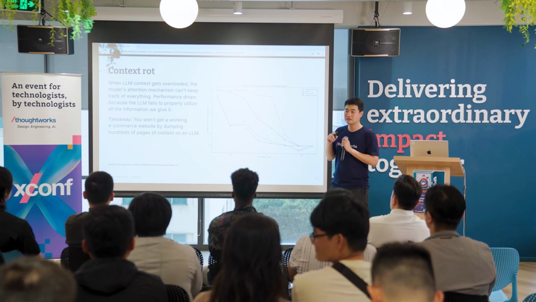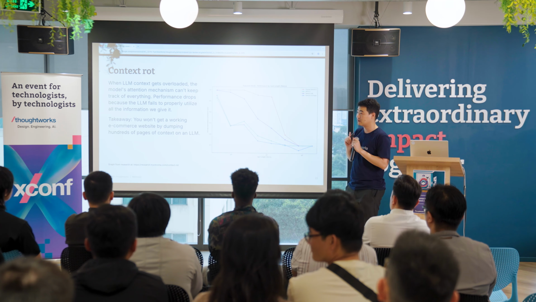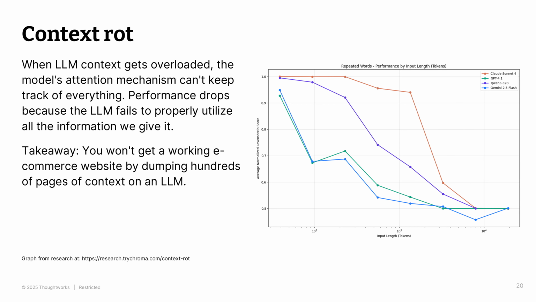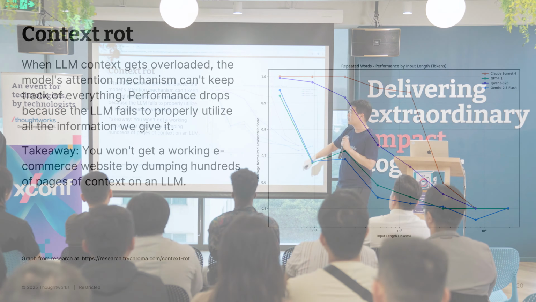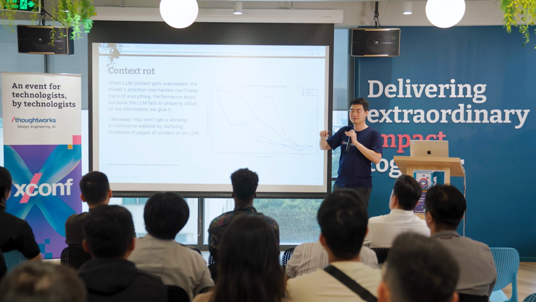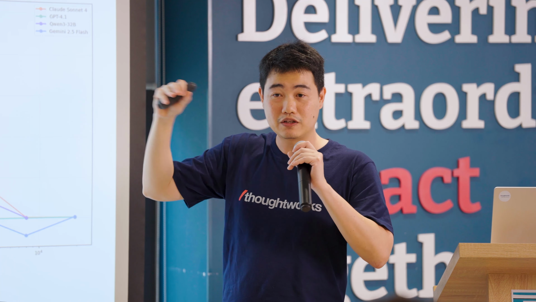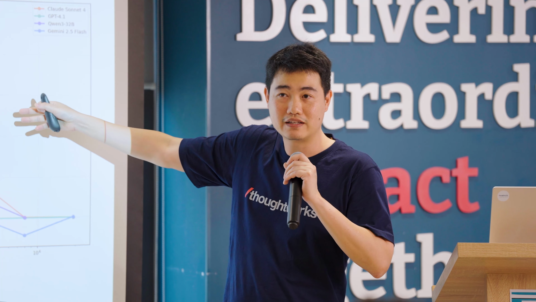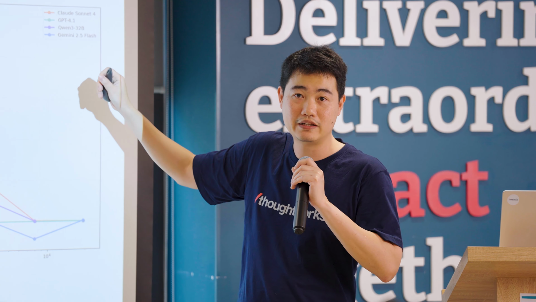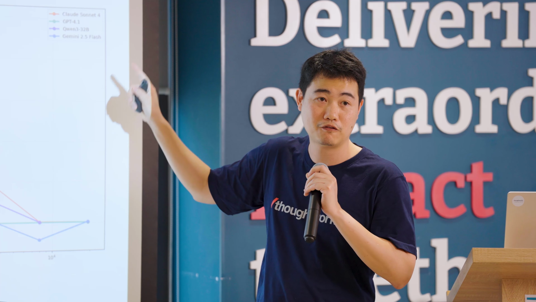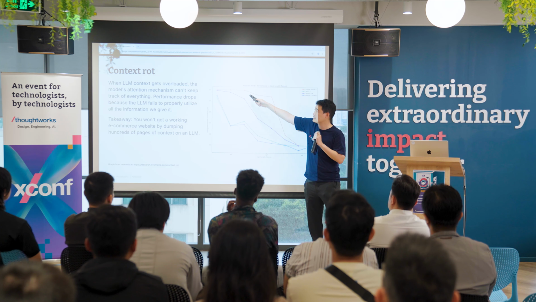That is because of one fundamental limitation in the LLM architecture. When the LLM context gets overloaded, there is an attention mechanism where it needs to pay attention to all the context. Even though you have a very large context, when you give AI too much context, the performance starts to drop.